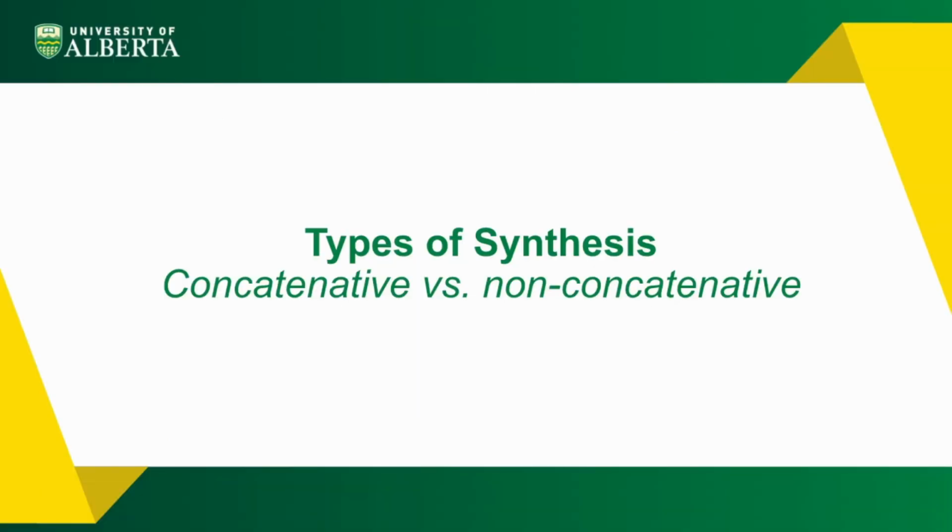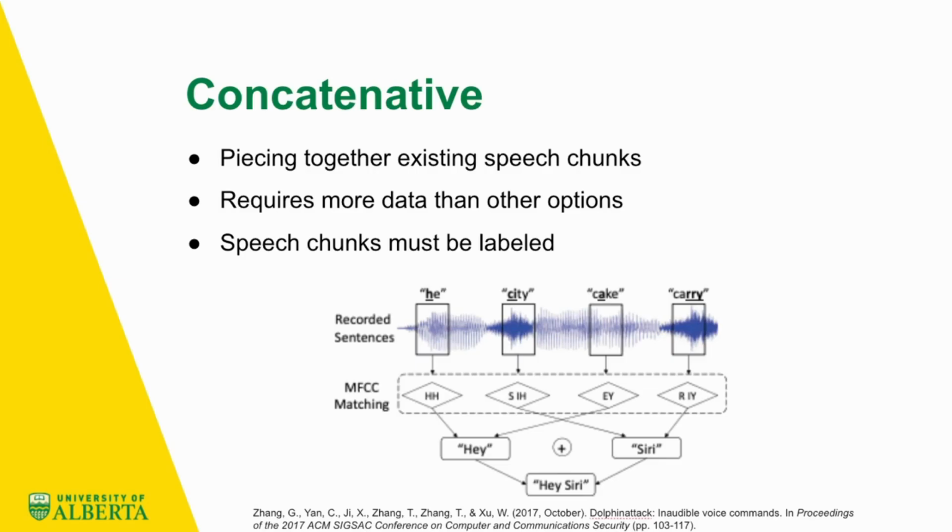Let's talk a bit about now the different types of synthesis. So we have concatenative and non-concatenative ways of synthesizing speech. Concatenative synthesis is basically just piecing together existing chunks. So these are pre-recorded bits, and it requires more data than the other options.